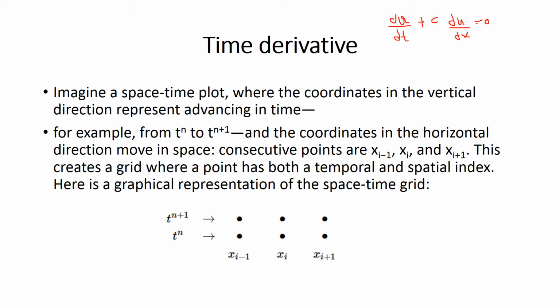For example, if I have some point here, say this is I minus 1 and I plus 1, and say this is at time t is equal to 0, so we show it as some t n, and the next time step is t n plus 1.